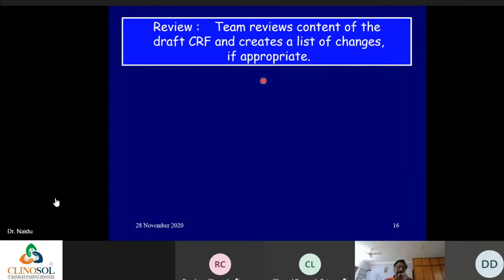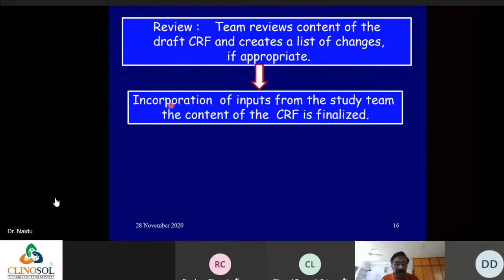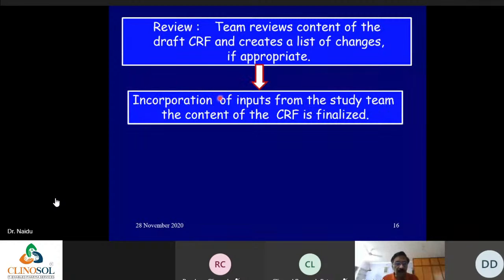But if some changes are appropriate, they make the changes in the draft case record form and then approve the final one. The study team's input on the content is incorporated, and they all sit and say that all these changes we have made are okay, now this is final.